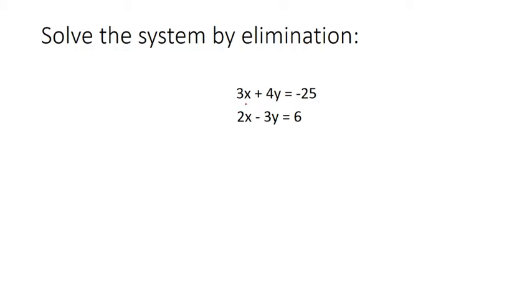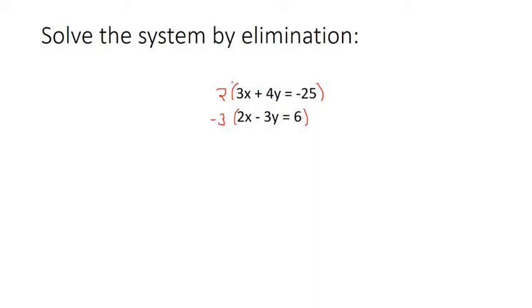So to eliminate the x variable, I need to have the same number in front of x, but with opposite sign. So what I usually do, I multiply the first equation by 2. I got the 2 from here, and I'm going to multiply the second equation by negative 3. I got the 3 from here, but one is to be positive, one is to be negative.